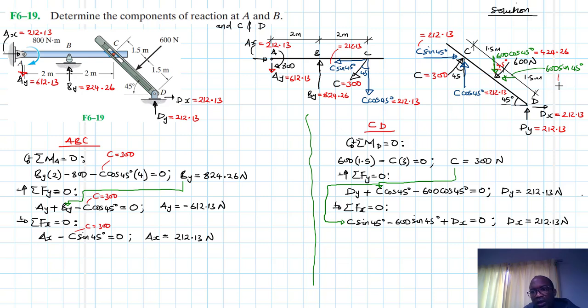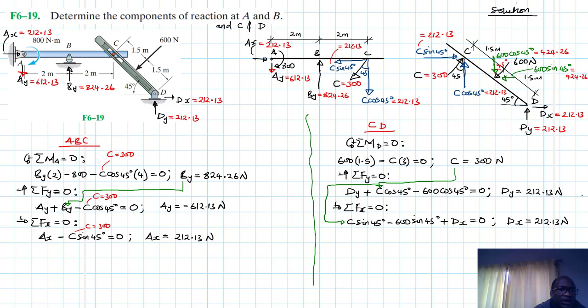And this one here gives us also the same value, 424.26. So in the y direction we have 212 and 212, which balances the 424. Yes, in the y it does. And in the x we have two of them, it does.